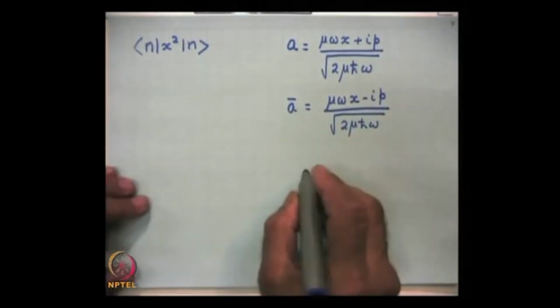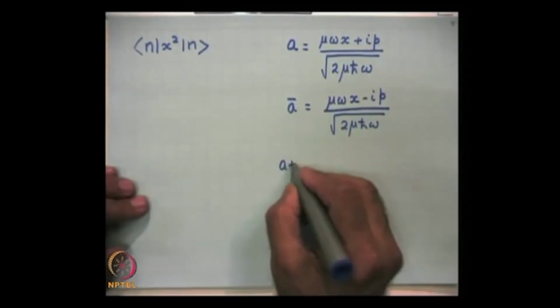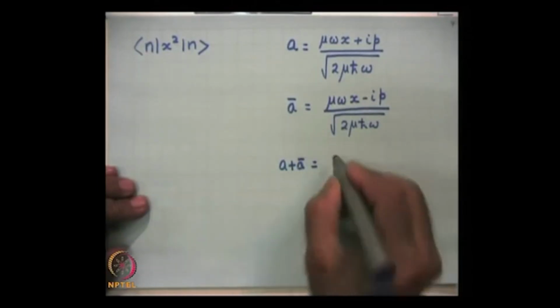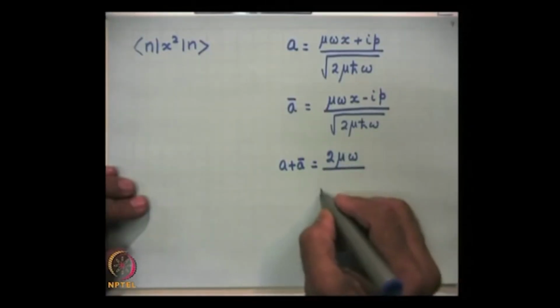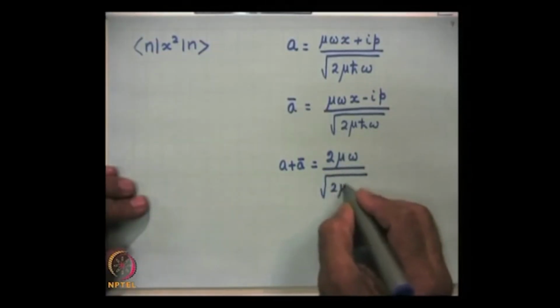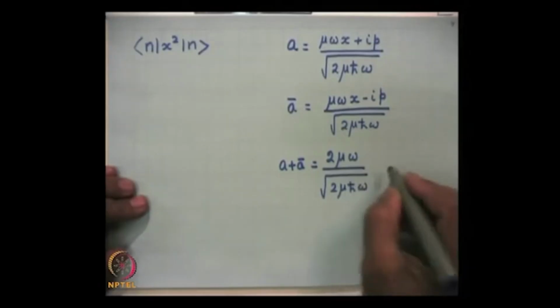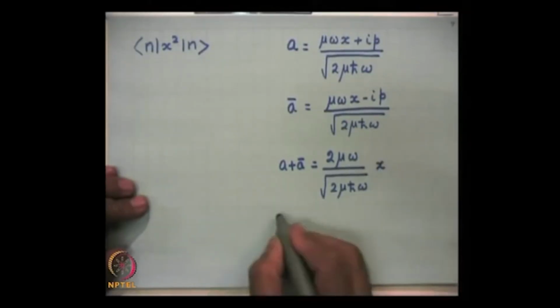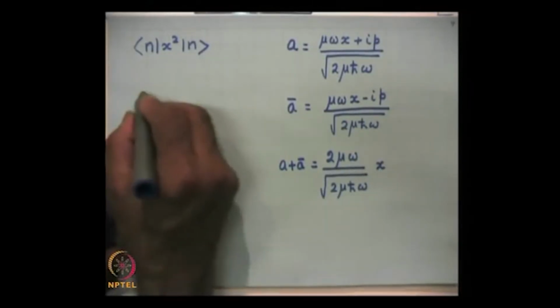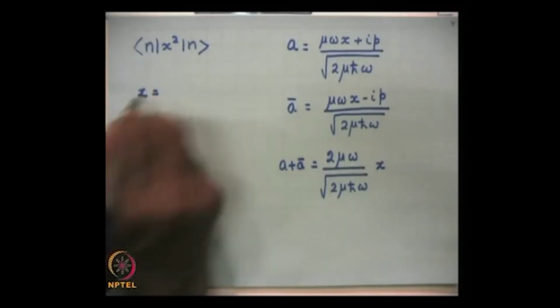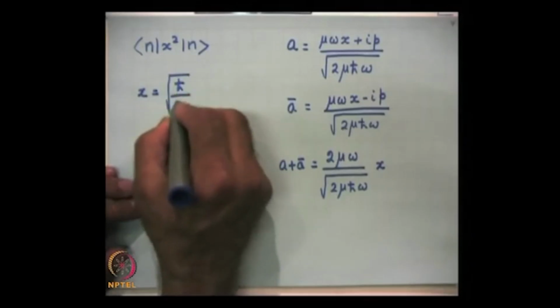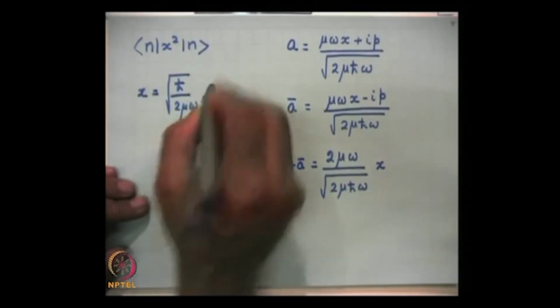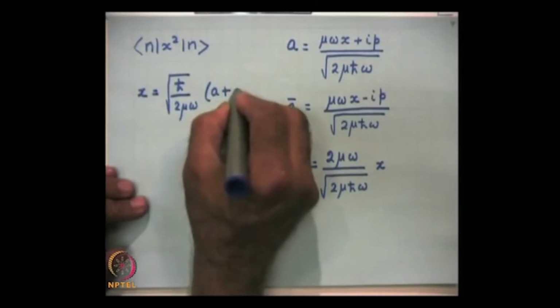So, A plus A bar is equal to 2 mu omega divided by under root of 2 mu h cross omega times x. This implies that x is equal to under root of h cross by 2 mu omega times A plus A bar.